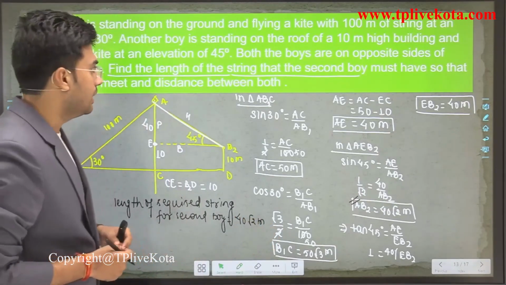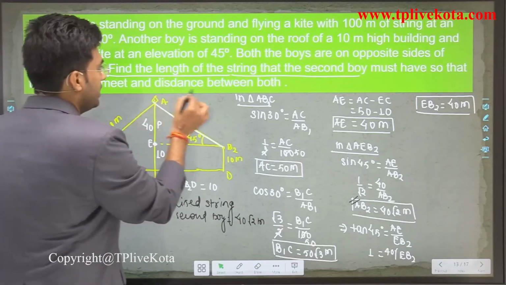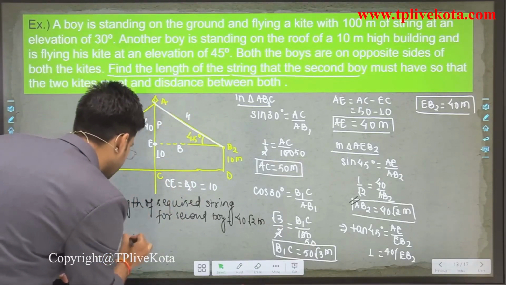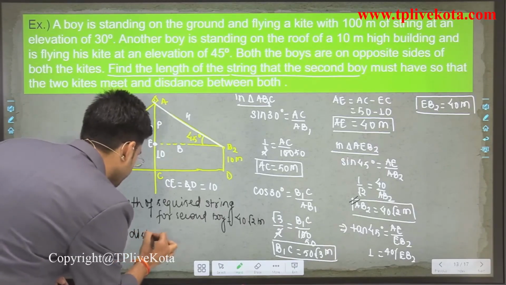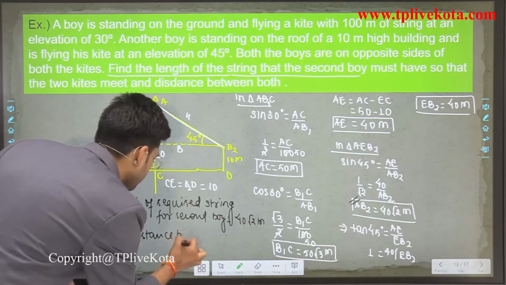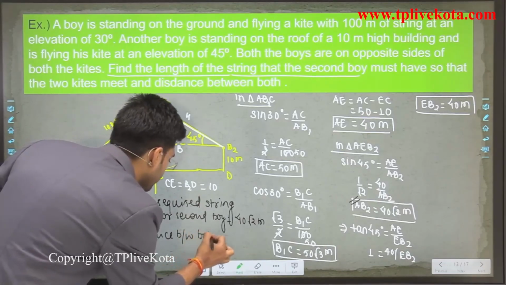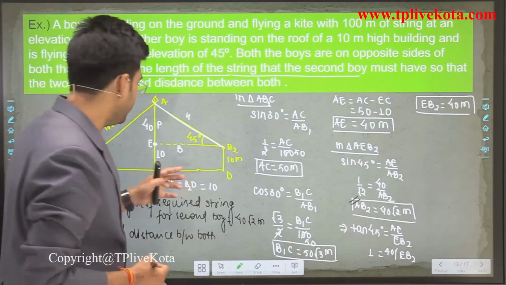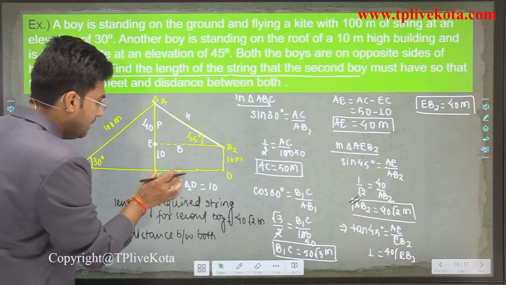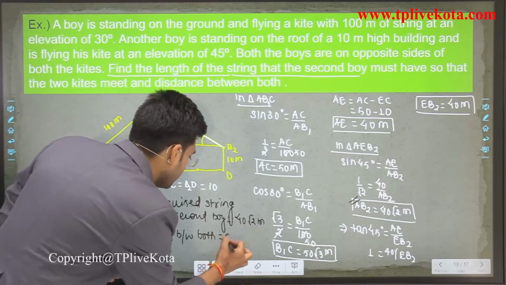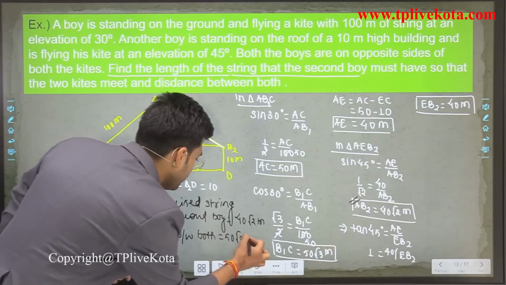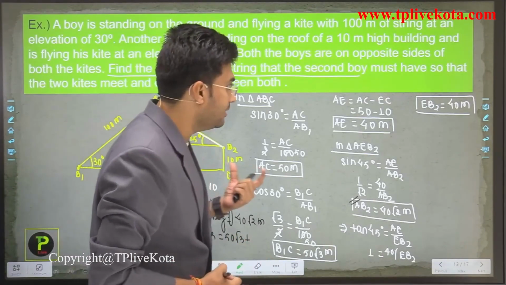Clear? Now the second is what? The distance between both boys, first and second boy, it is what? B1C plus CD. What is the value of B1C? It is 50 root 3 plus what is the value of CD?